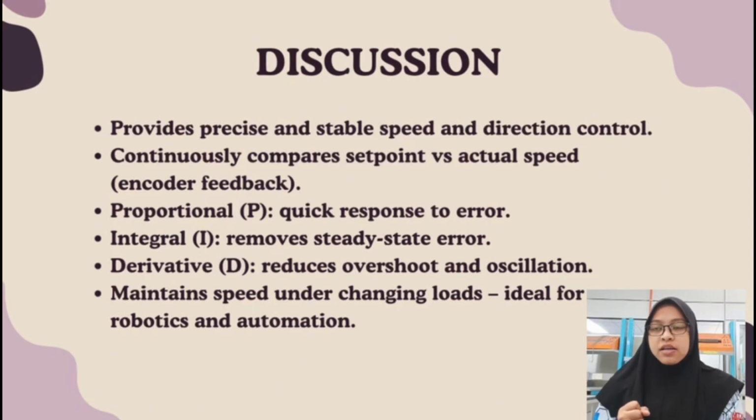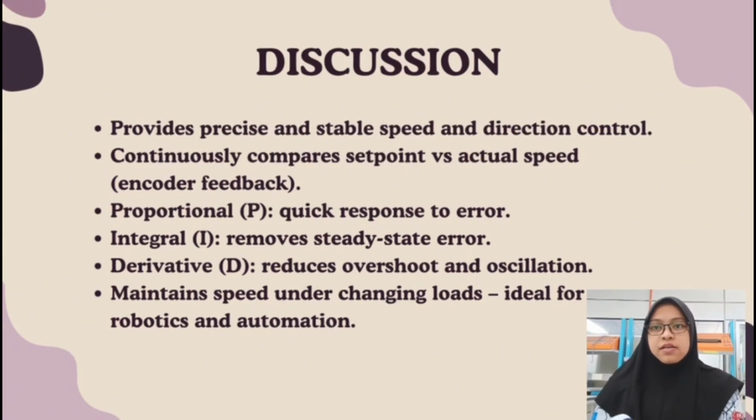Moreover, the integral component removes steady-state error by correcting long-term mismatch between the set point and the actual speed. In addition, the derivative component reduces overshoot and oscillation, resulting in smoother and more stable motor behavior.